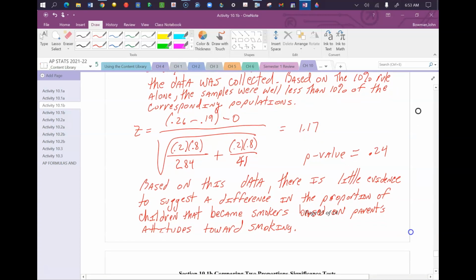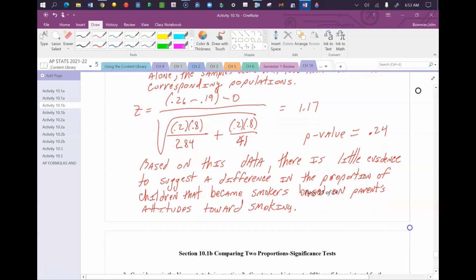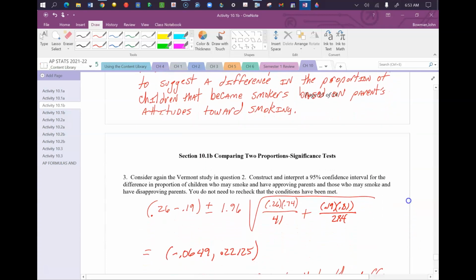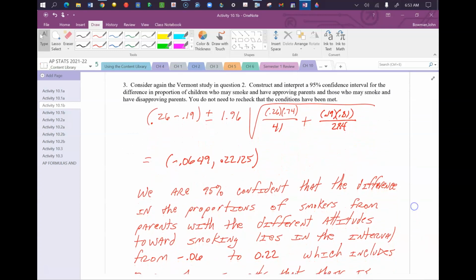In either case, you get a p-value of 0.24, which under any circumstances is not strong enough evidence to suggest that there was a difference in the proportion of students who ended up smoking based on their parents' attitudes towards it. Now, I'm going to go on and talk about the corresponding confidence interval here.